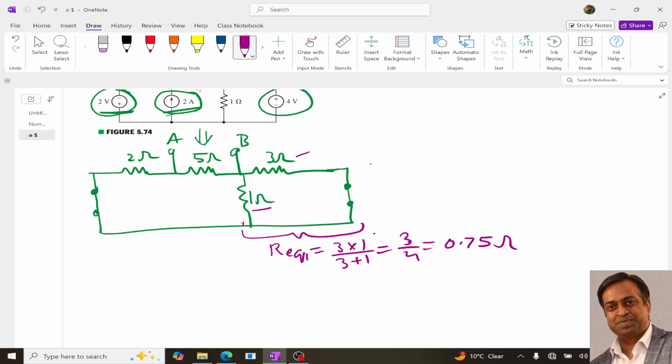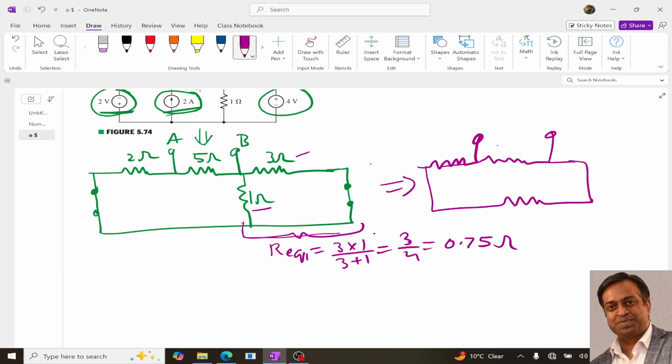Now this circuit can be redrawn in this form. This is 5 ohm, this is 2 ohm, and this is 0.75 ohm. Now you can see this 2 ohm and this 0.75 are in series with each other.